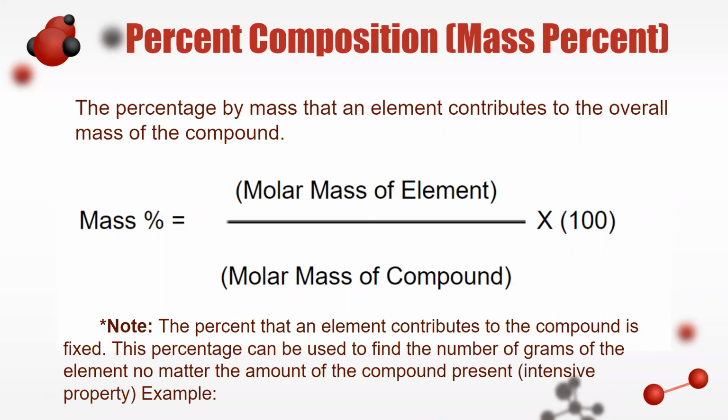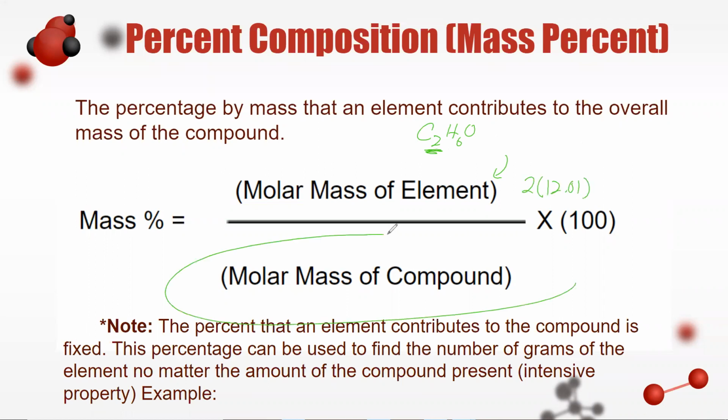Now, I'm going to say about molar mass of your element, if there's more than one of that element in the compound, like this, that top number is going to be multiplied by how many of that element are in the compound. So if I was doing mass percent of carbon in this molecule, I would put on the top 2 times 12.01 over my total molar mass of that compound. Okay, so do not forget that because that will get you a wrong answer.